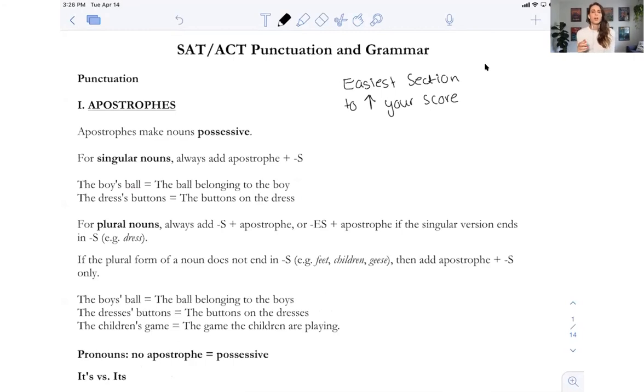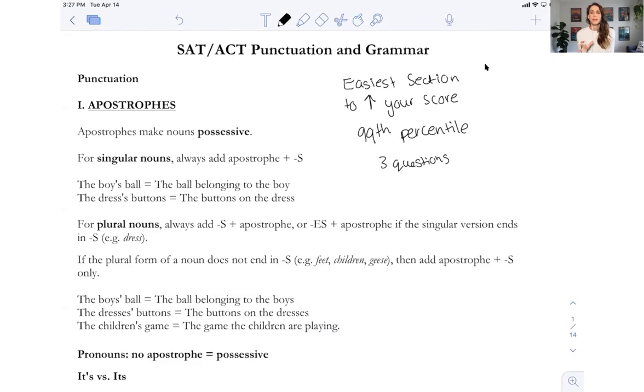So out of all the SAT and ACT sections, if you commit to spending, let's say, 2 to 3 hours just learning these rules on your own, and then you work through all the practice materials that are available on the College Board, you should do super well in this section. Most of my students score in the 99th percentile for the grammar sections for the SAT and ACT. So that means they are missing maybe 3 questions.